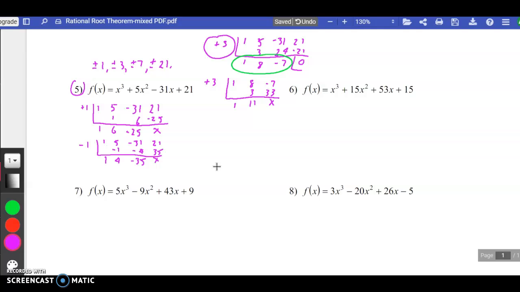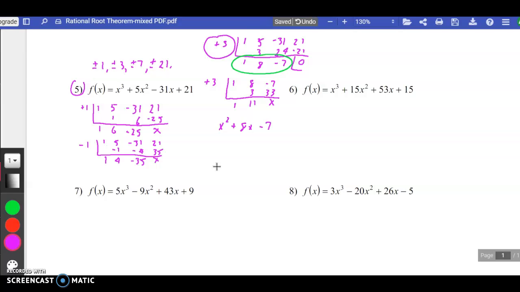I've worked through the rest of this with positive 7, negative 7, and I stopped at that point. And when you've worked a couple more and you are not getting another root by synthetic division, then what you may want to do is get this set up in standard form.